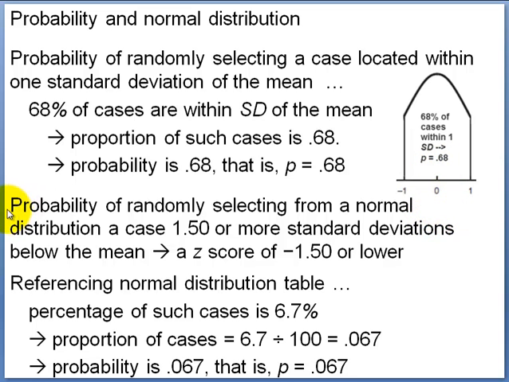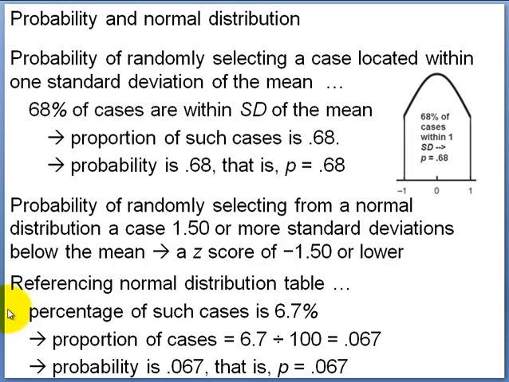Given a normal distribution, what is the probability of selecting at random a case whose value is located 1.50 or more standard deviations below the mean? In other words, what's the probability of selecting a case with a z-score of minus 1.50 or lower? We can solve this problem consulting the normal distribution table.